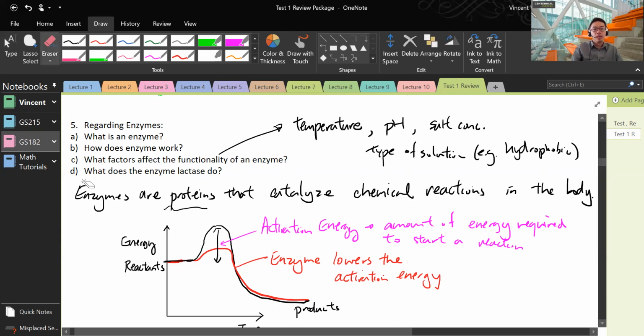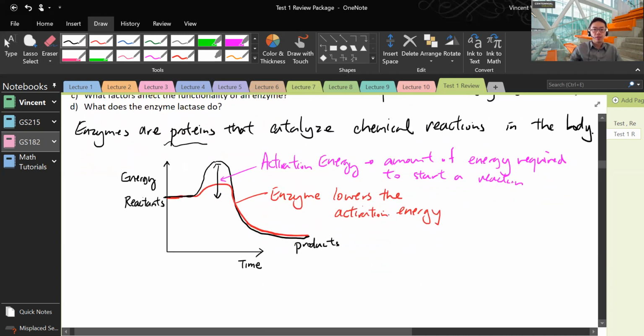All right. What does the enzyme lactase do? All right, so lactase, anything that's ASE means it's probably an enzyme. So lactase breaks down lactose. Right? So lactose, and then the reaction with lactase is going to break it down into glucose plus galactose.